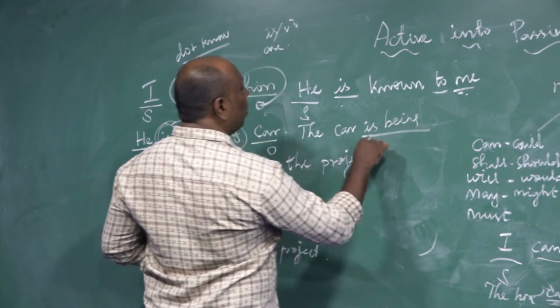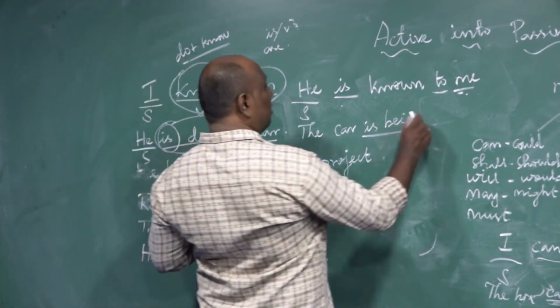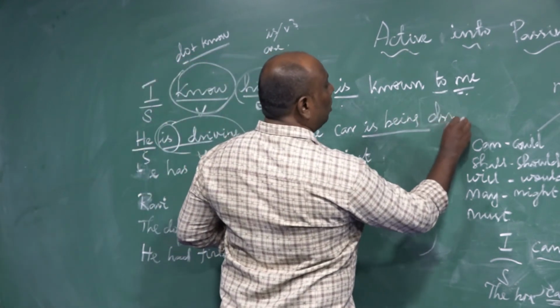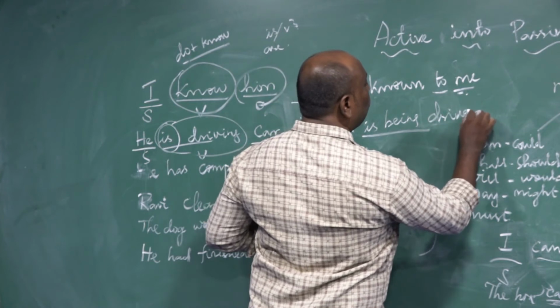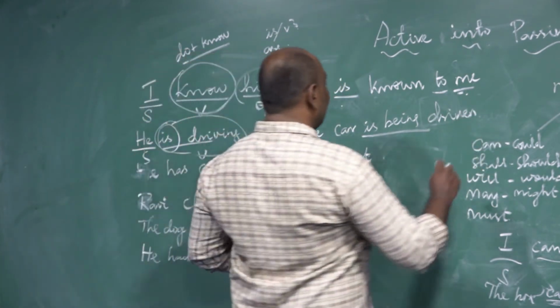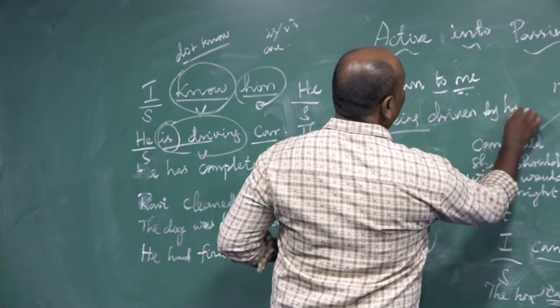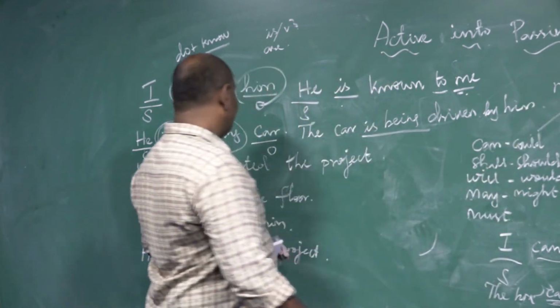So it's very clear why I have gone with is being, because the subject is singular. And what is the third form for drive? Drive, drove, driven. The car is being driven by him. You will change he to him.